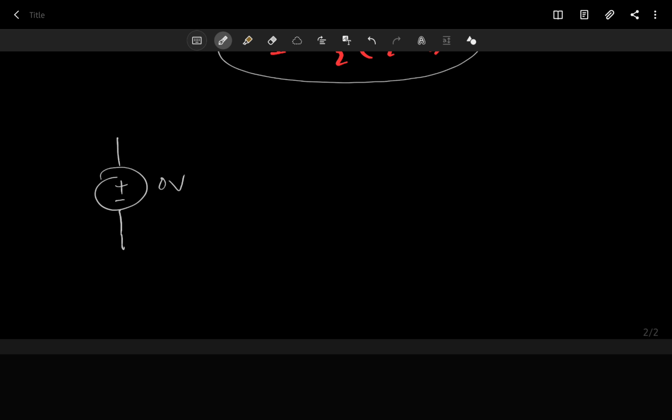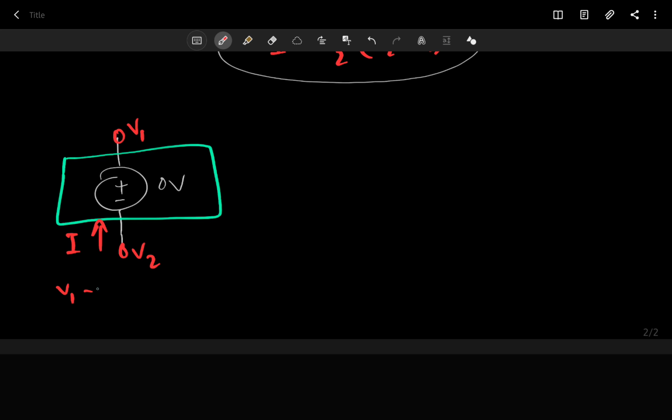If you look outside this box, you will see there are two nodes, V1, V2, and of course there is a current, but that doesn't matter much because the equation for this will be V1 minus V2 equals 0, and you will have V1 equals V2.